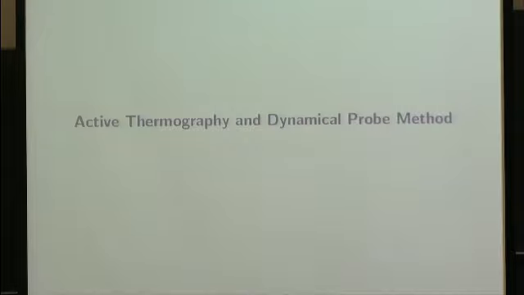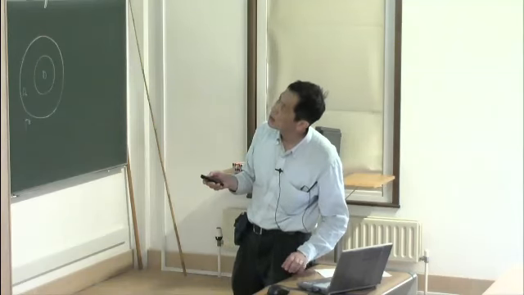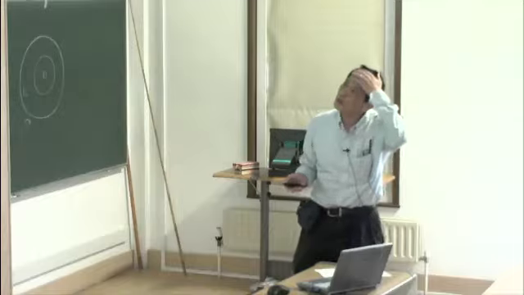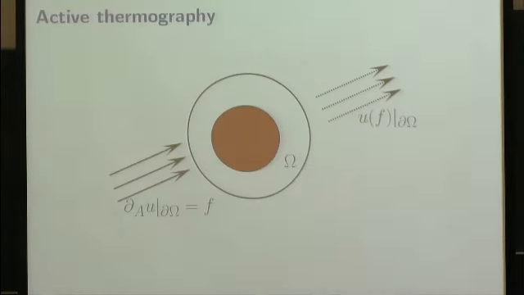Okay, let me move to the active thermography and dynamical probe method. So first of all, what is active thermography? Suppose you have some heat conductor omega, and there could be something inside. It could be an inclusion.